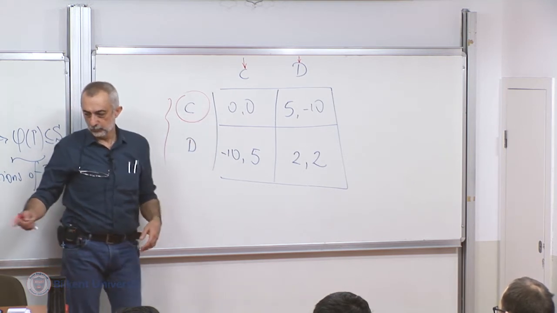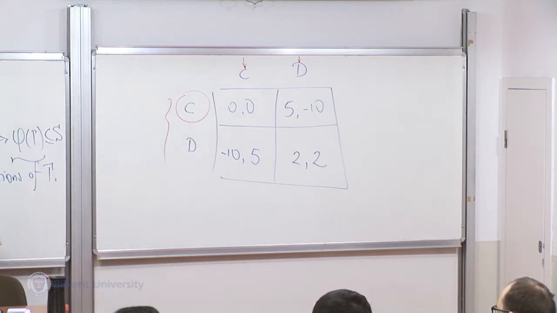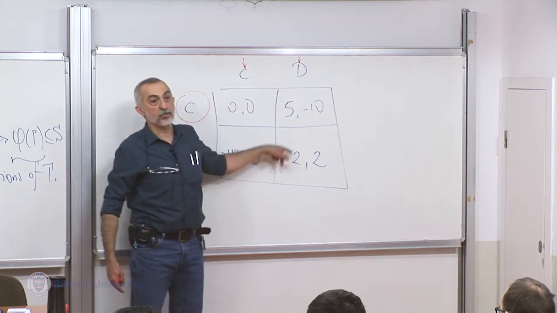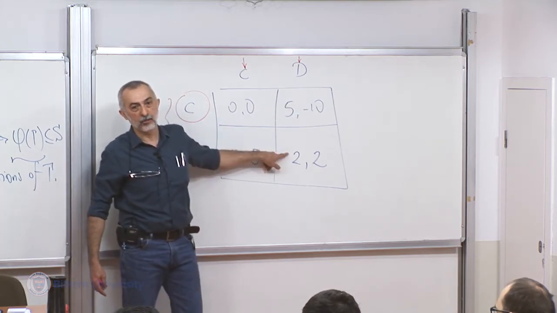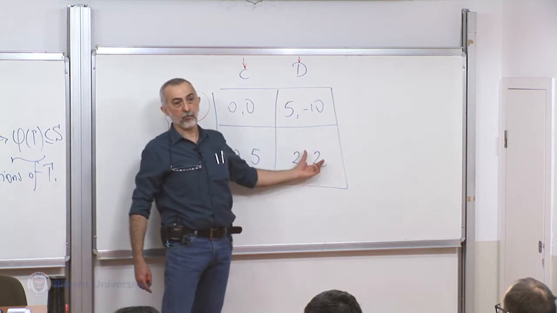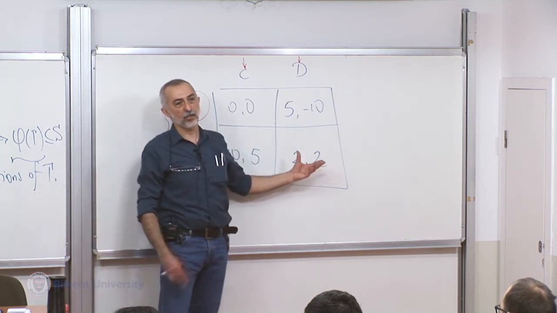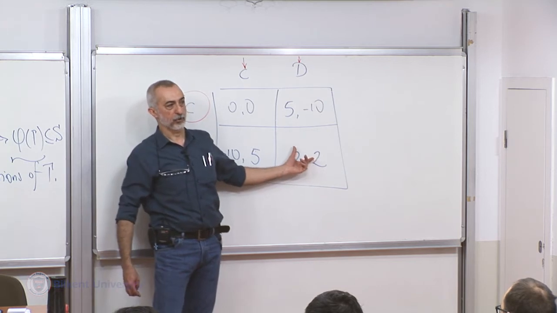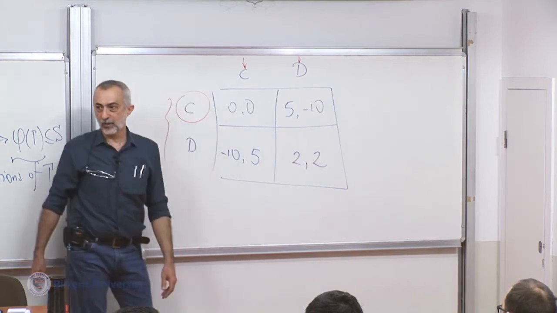So again, those who played D probably did not have these numbers representing their preferences. They were not only caring about their grade, but they were caring about the grade of the other unknown person. Okay, so far so good?